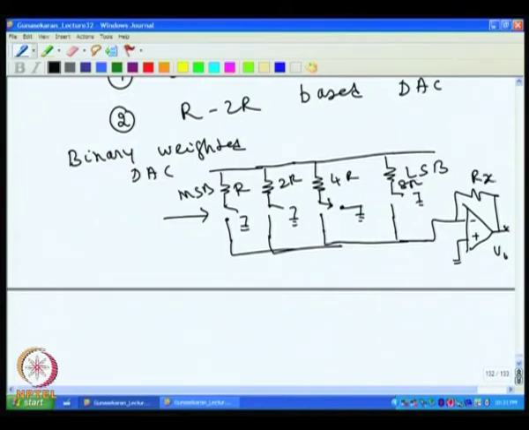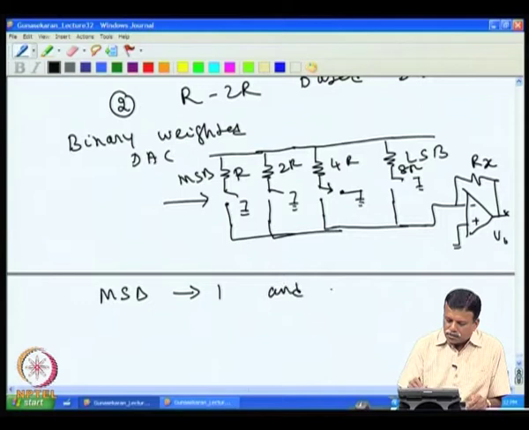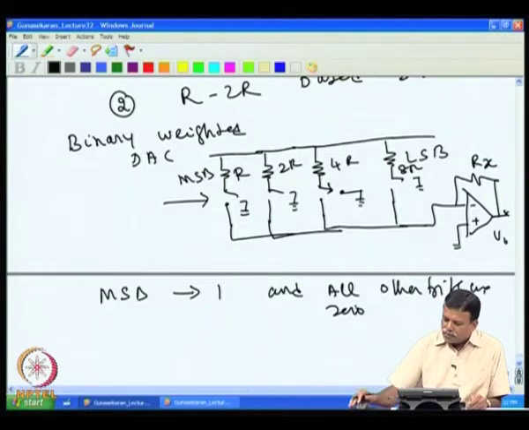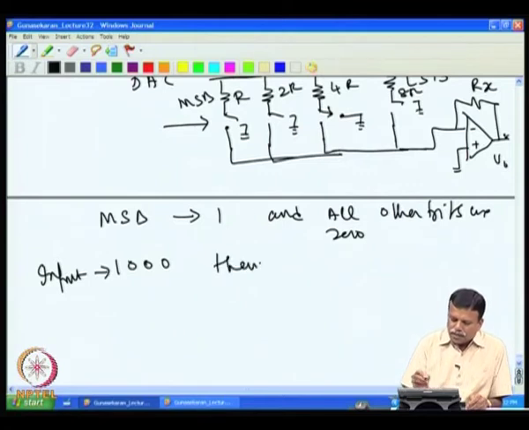This is Rf. So, what happens when the MSB is 1 and all others are 0? We have a condition where the input is 1 0 0 0, with switches S1, S2, S3, S4.